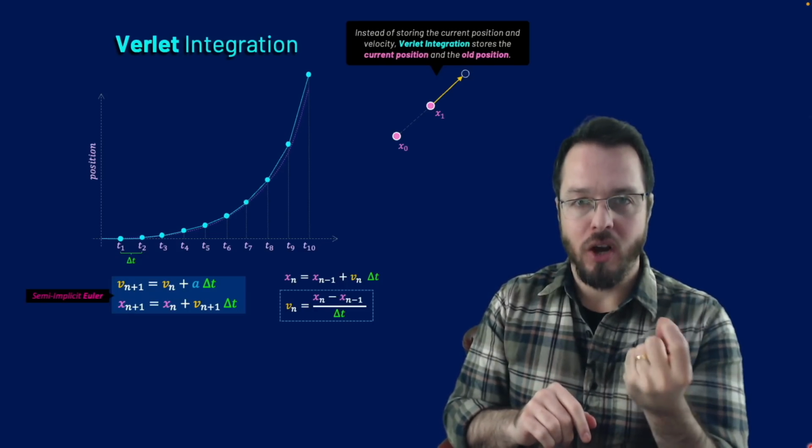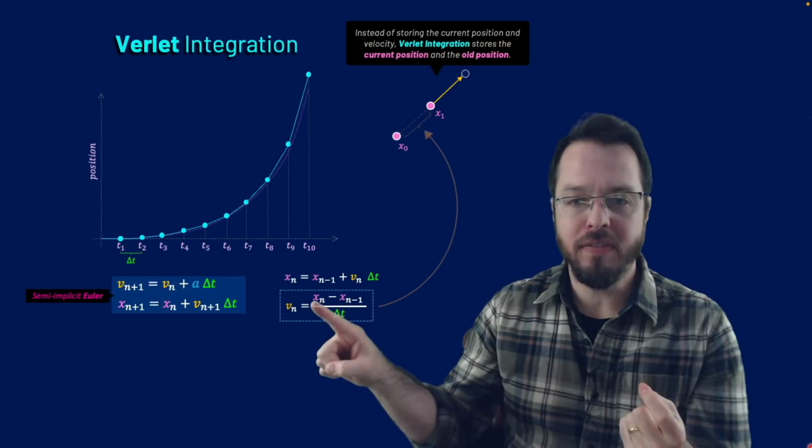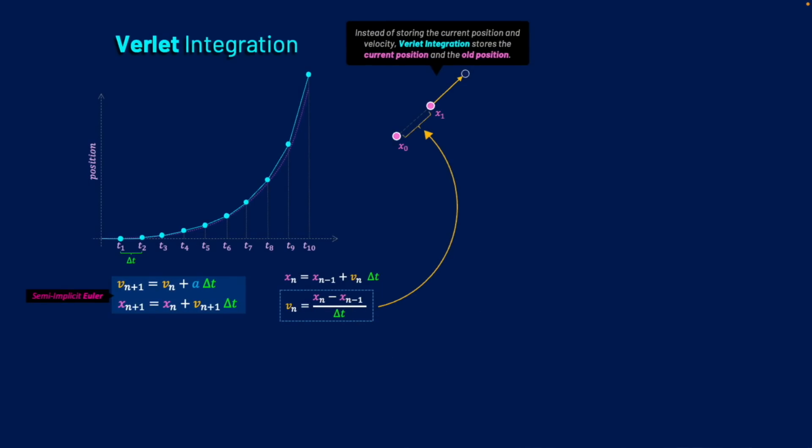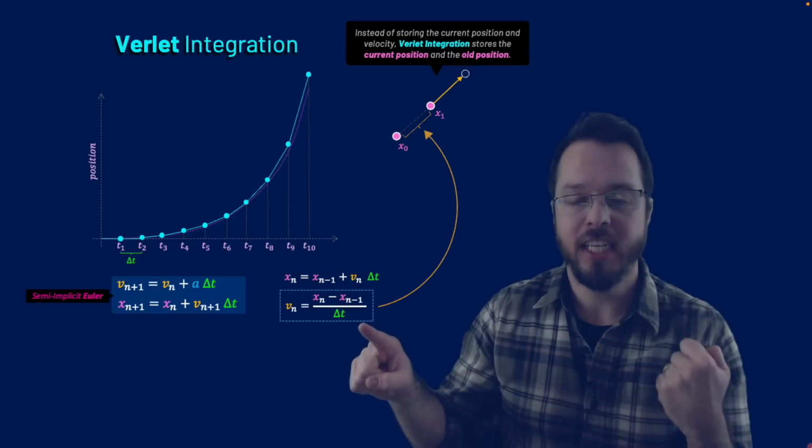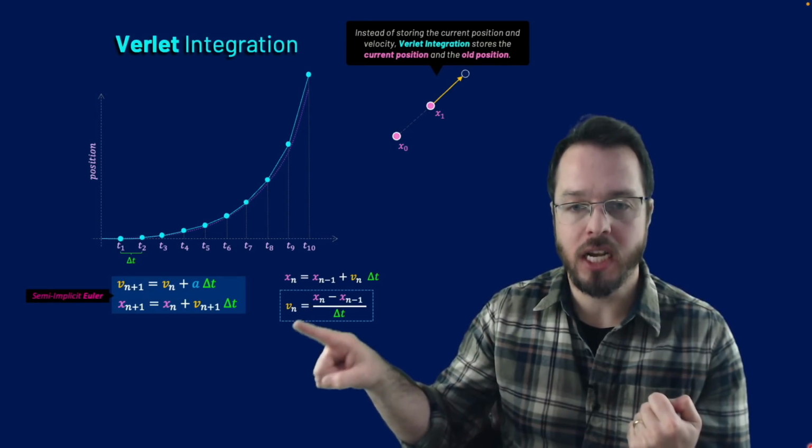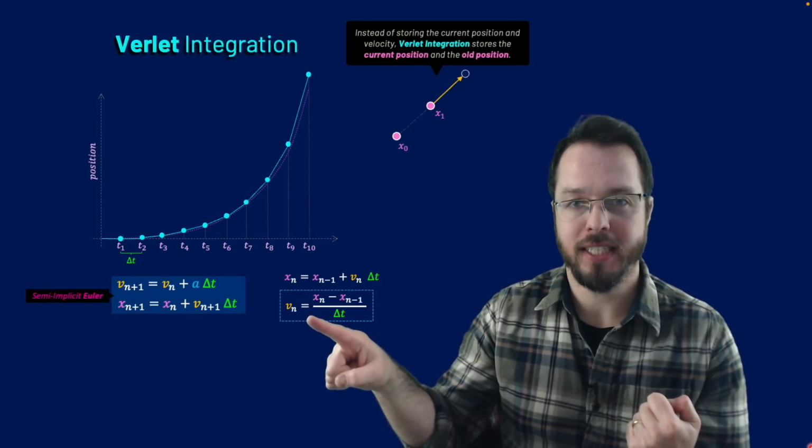The velocity of our system is given by the current position minus the previous position, divided by the difference of time, xn minus xn minus 1, divided by the interval of time. That is the current velocity of our system.